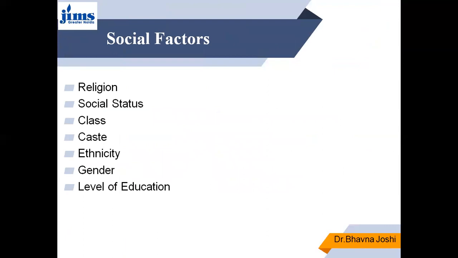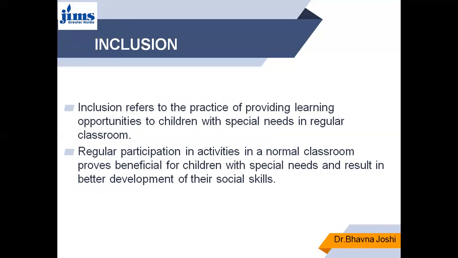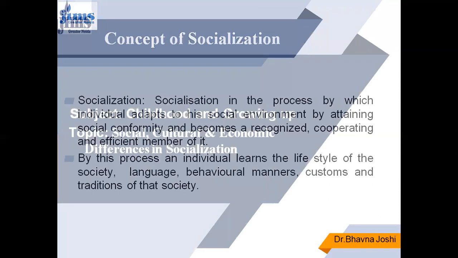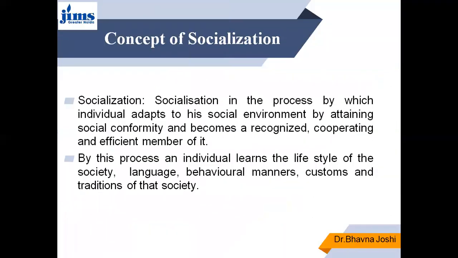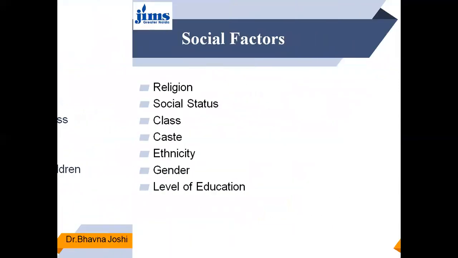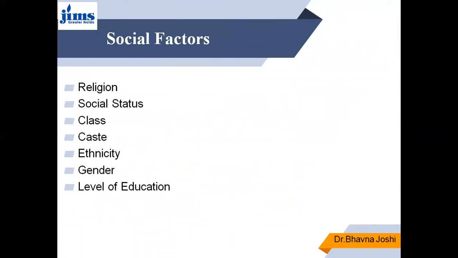Now the factors, as you have seen in the topic, we will be discussing the three factors which lead to socialization. So the first factor is the social factors. Various social factors which lead to socialization, the social differences, the cultural differences, and the economic differences in socialization, we will discuss. So the social factors are religion.